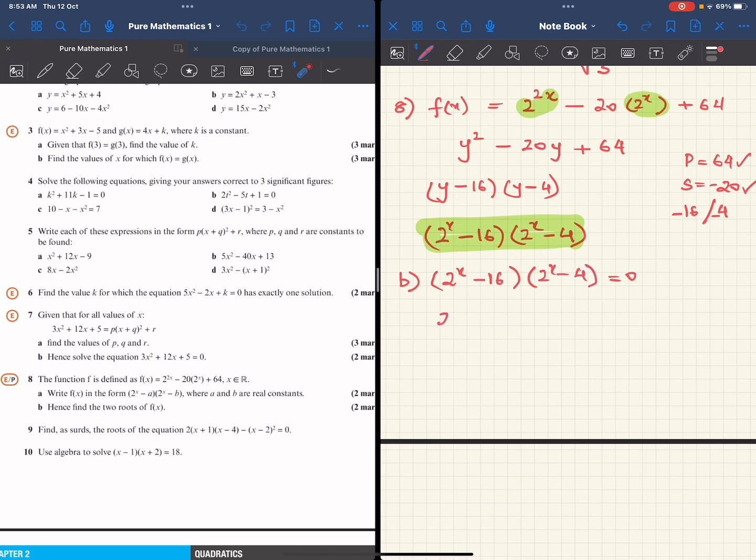So this is 2 to the power of x minus 16 is equal to 0, and 2 to the power of x minus 4 is equal to 0. 2 to the power of x is equal to 16. 2 to the power of x is equal to 4. So 2 to the power of 4 gives us 16, and 2 to the power of 2 gives us 4.